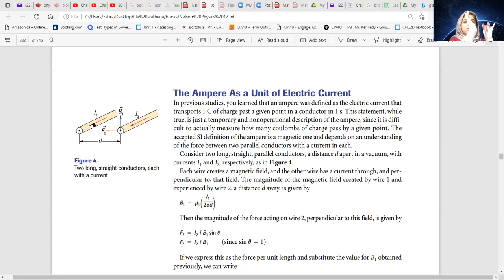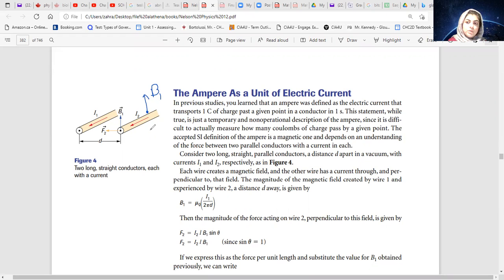So in front of the wire it goes up and in back it goes down, right? So this wire is in front of that, so at this place the magnetic field is up. It's B1. B1 is the magnetic field that I want to produce here.